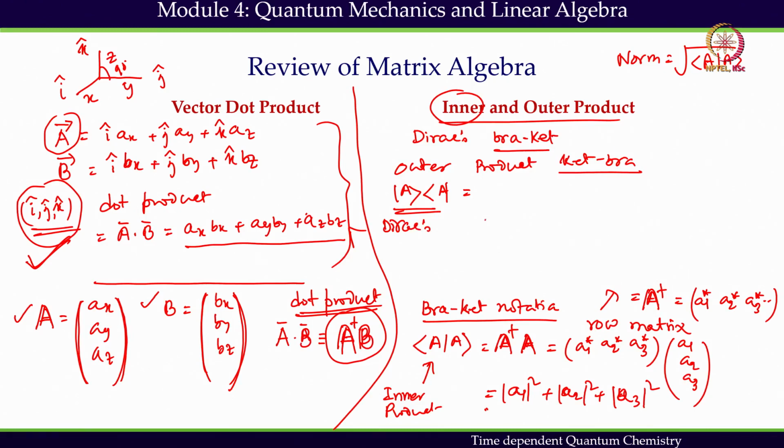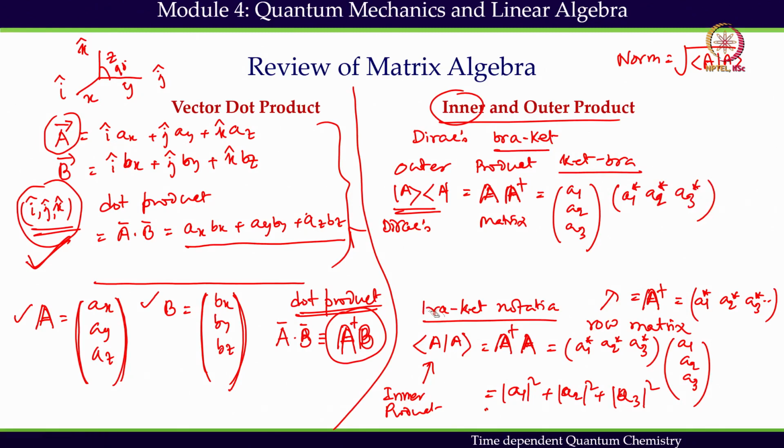In the matrix form, it is going to be the A matrix multiplied by A dagger, which is A1, A2, A3 as a column, and a row matrix A1 star, A2 star, A3 star.